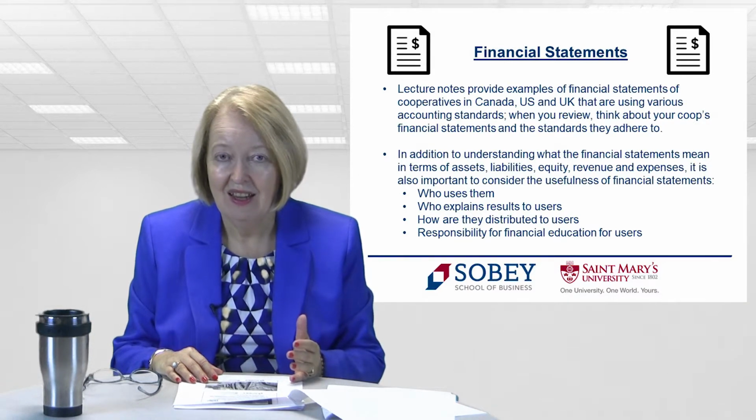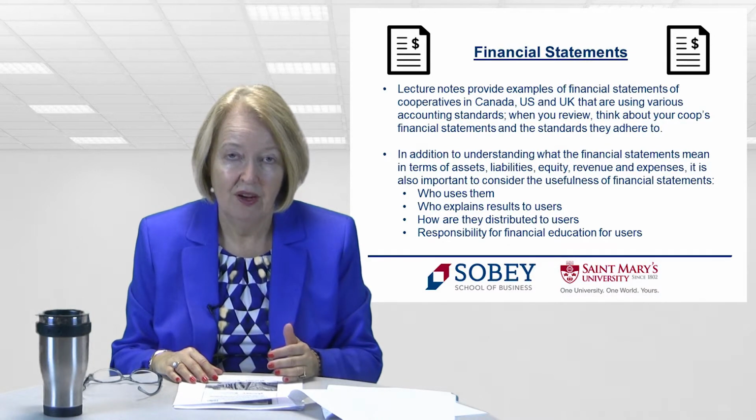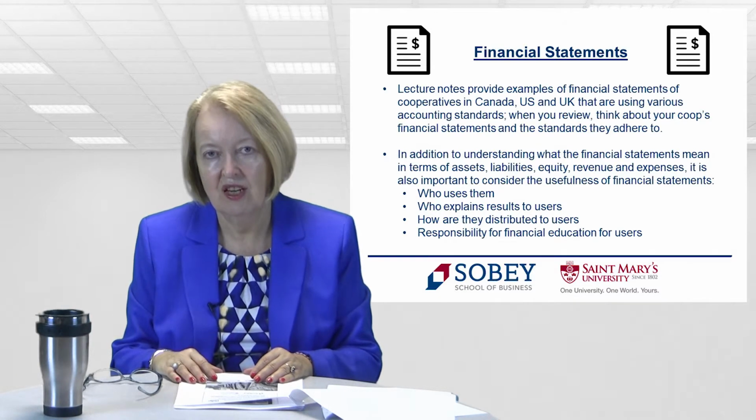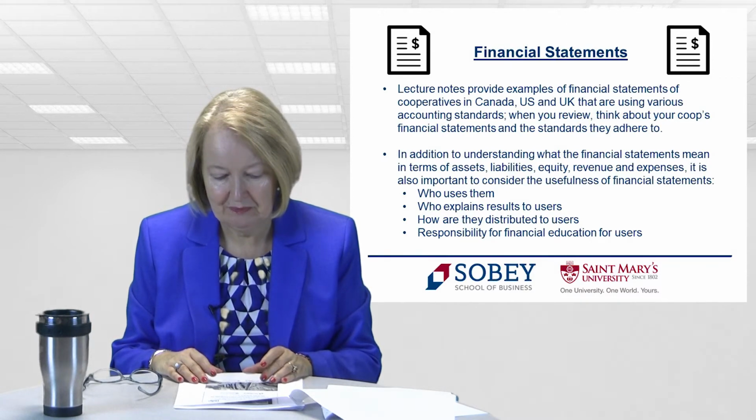So again, that's a responsibility for senior management to provide the education to the board members as well as to members about what the financial statements mean and to explain what the financial health is of the cooperative. So that is a very quick overview of Module 2.